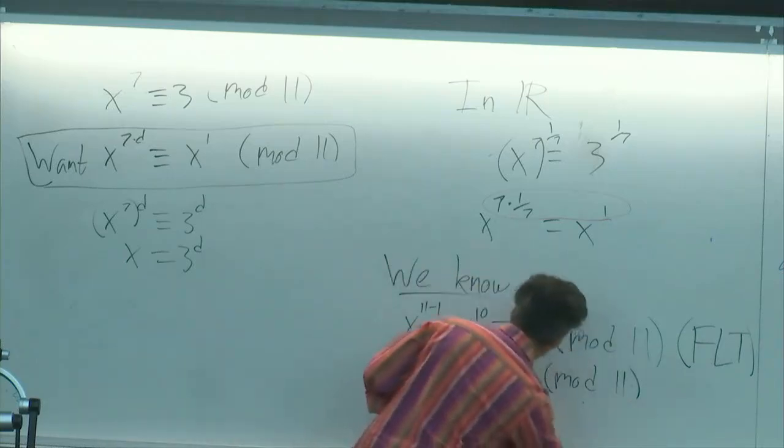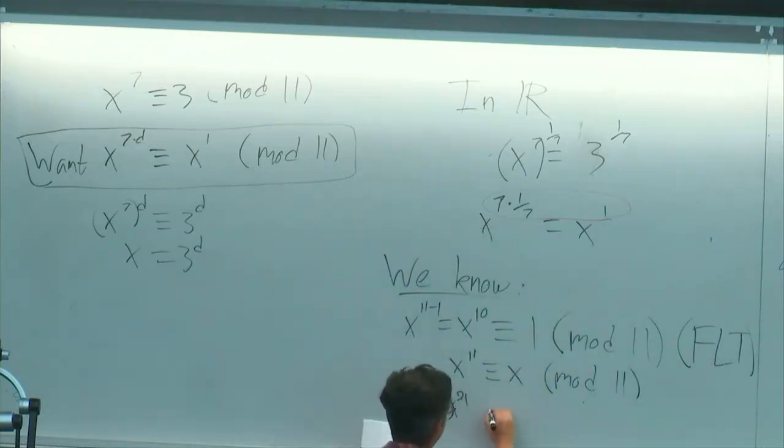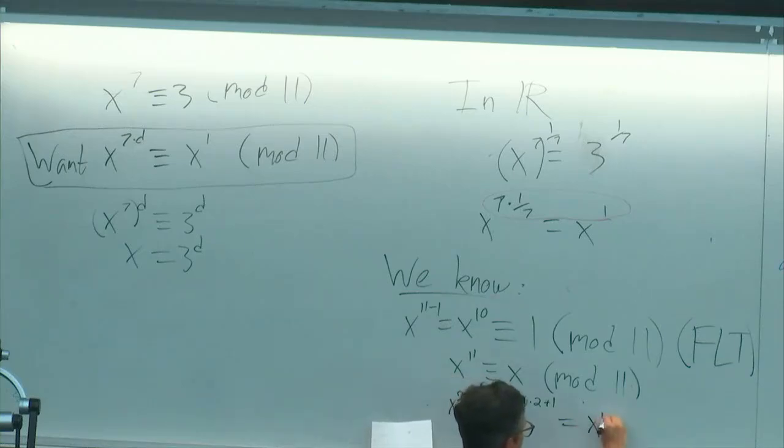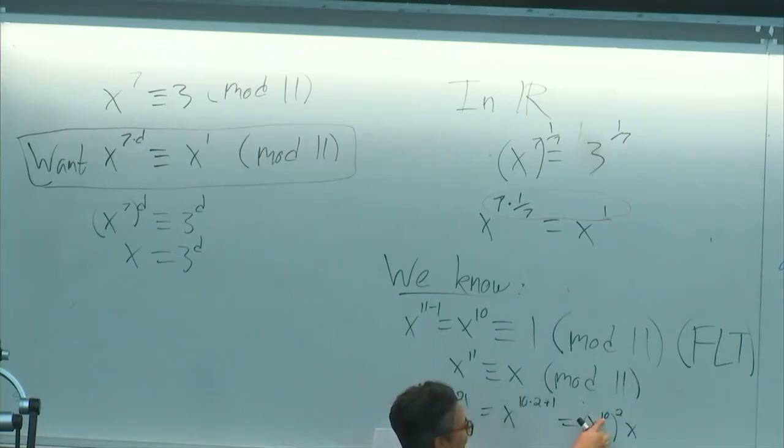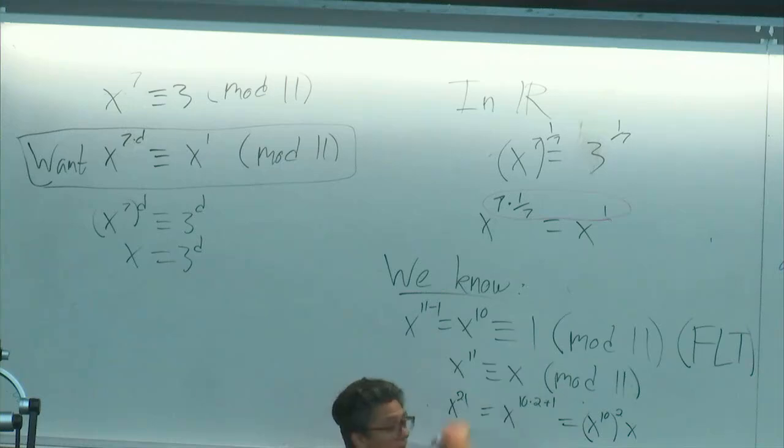Well, let's write it out. X to the 21 is going to be equal to x to the 10 times 2 plus 1. That's going to be equal to x to the 10 to the 2 times x. And x to the 10, that's 1. So that's going to be congruent to x mod 11.